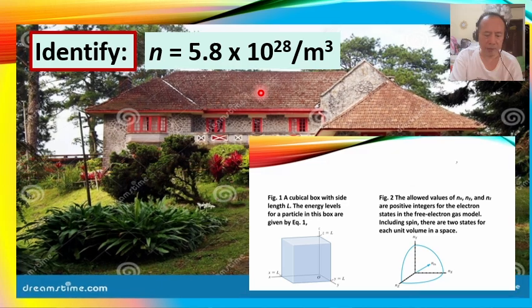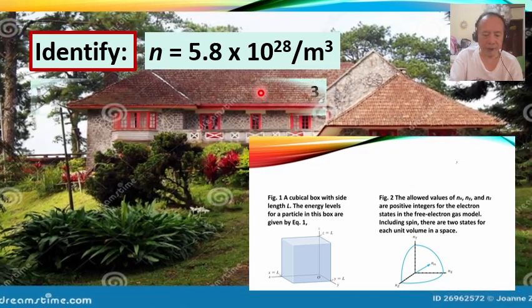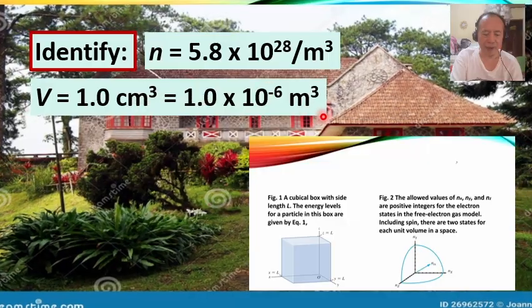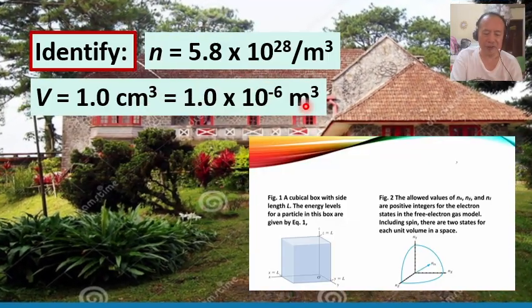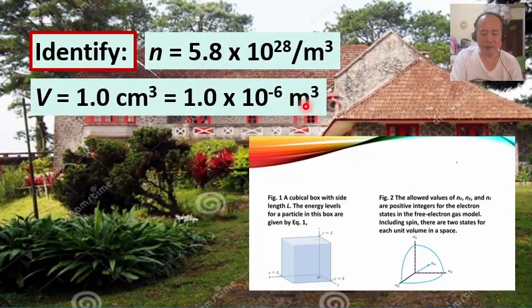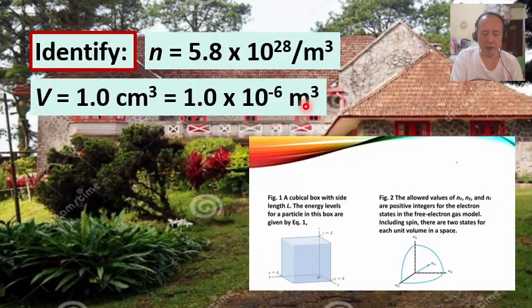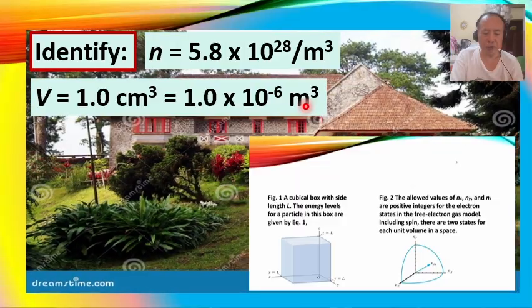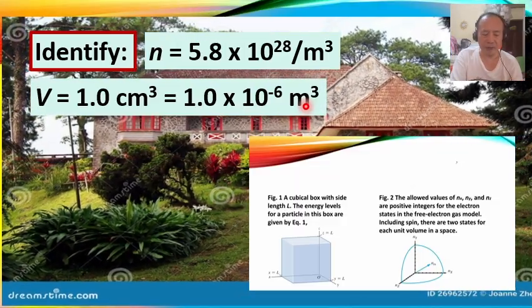As described in figure 2, the allowed values for nx, ny, and nz are positive integers for the electron states in the free electron gas model. Including spin, there are 2 states for each unit volume in space.